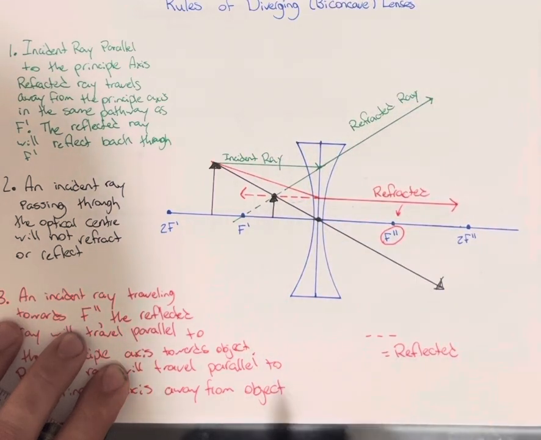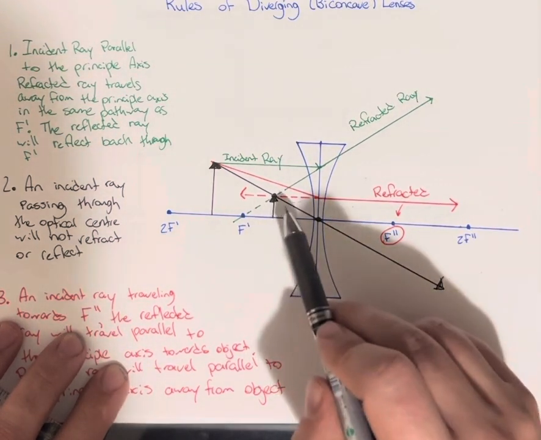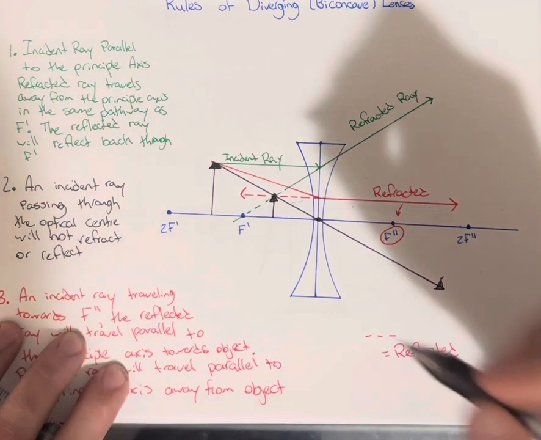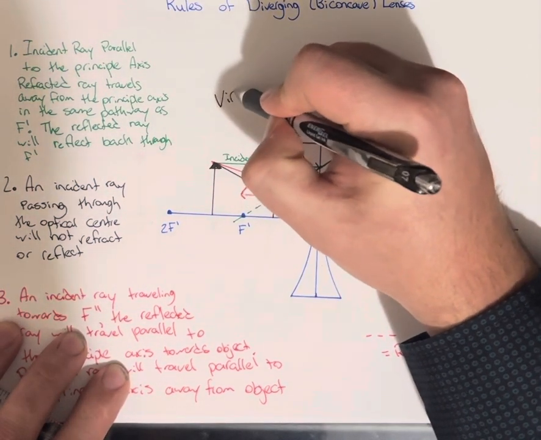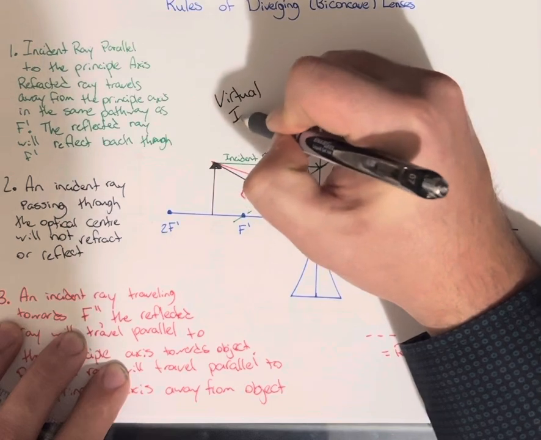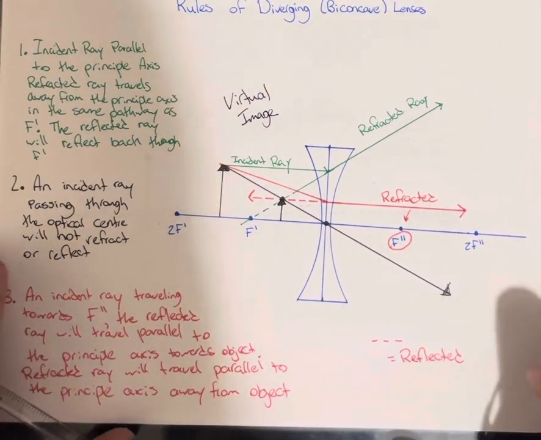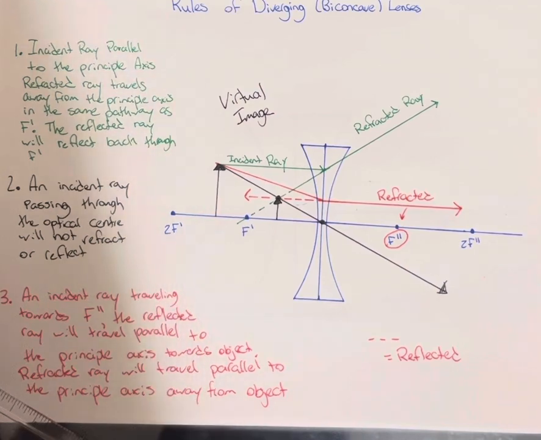And what we talked about in our last video, because these are reflected rays, they're not actually the original rays that we're working with. That is what we're going to call a virtual image. So just remember, these are kind of opposite of what we noticed in our mirrors.